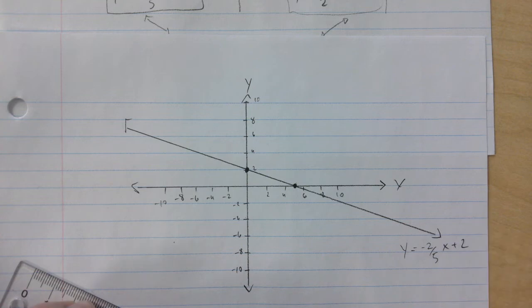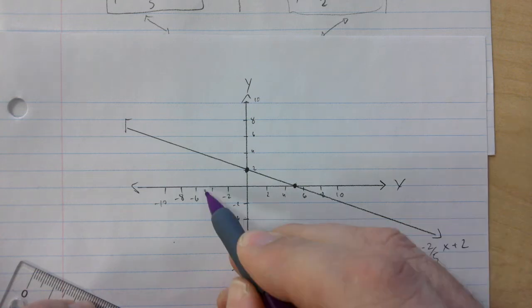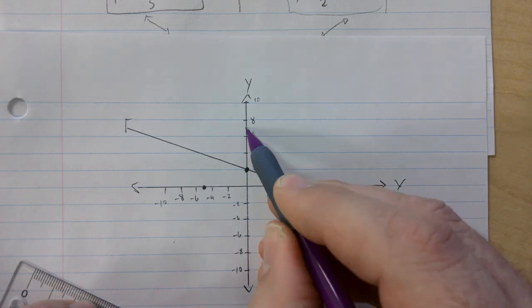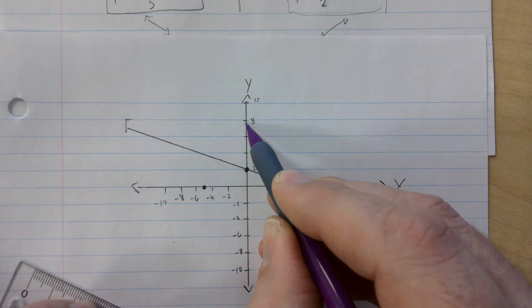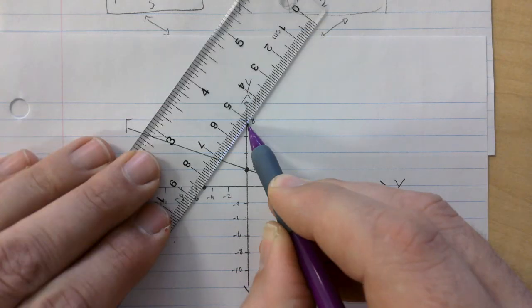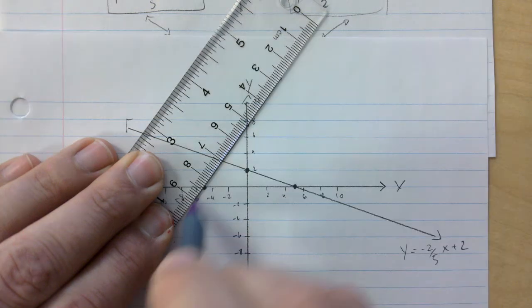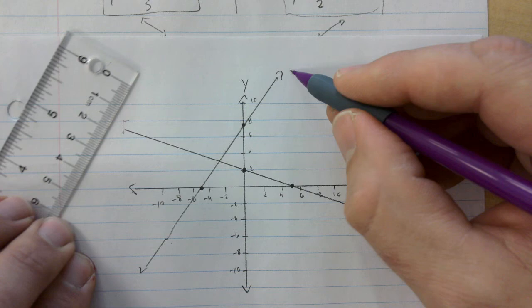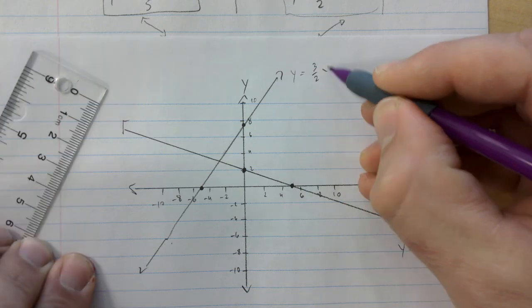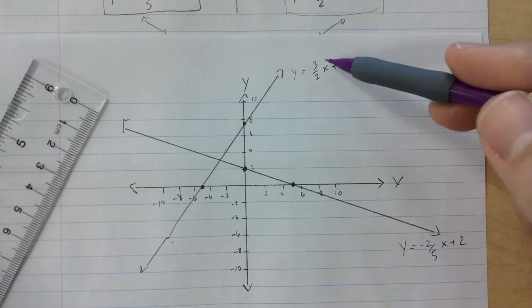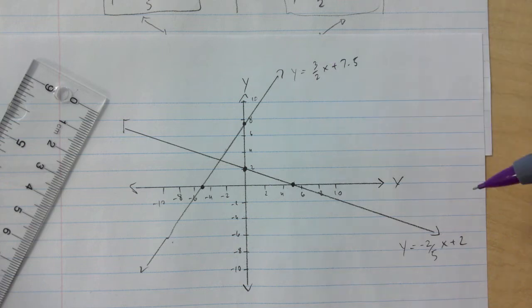And then the next one is -5, 0, which is right about here. 0, 7.5 would be there, so 7.5 is there. And I right away label it so that it's out of the way. Okay. Oh, what happened here?